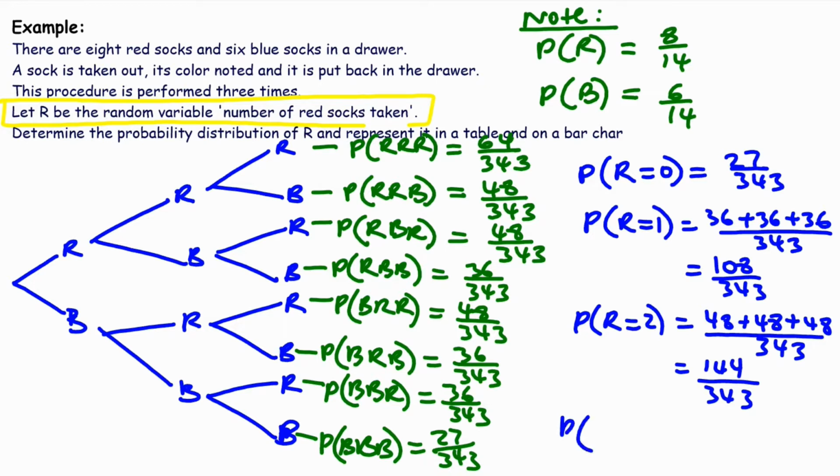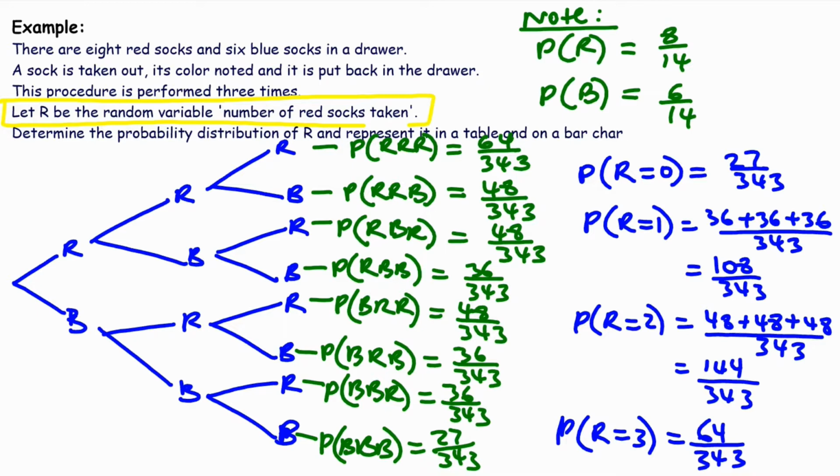And then the probability of obtaining 3 reds is just 64 over 343. All right, so we put everything together. We are almost there. We just need to plug this into a table.